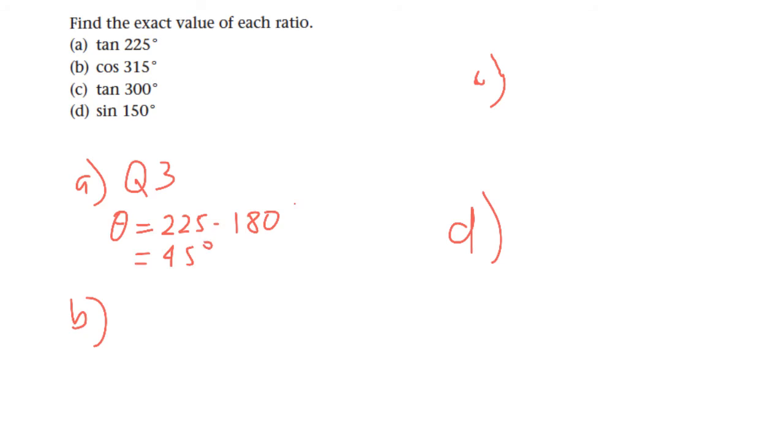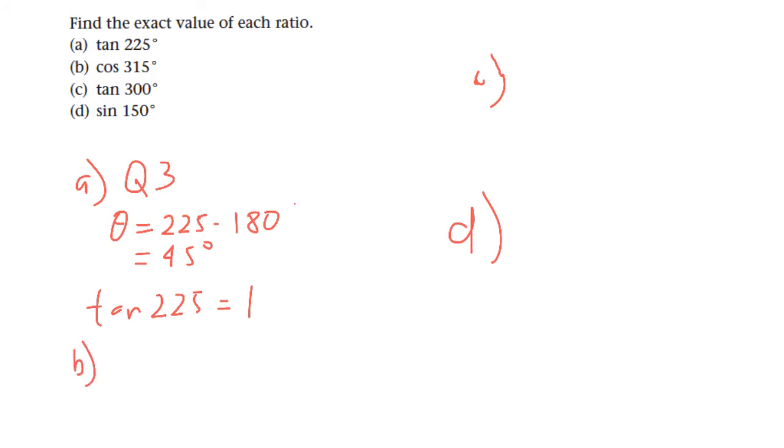Now I need to take tan 45, and I'm going to say tan 45 is 1, but we need to consider whether it stays positive or becomes negative. Well, in quadrant 3, tan is positive, so in fact tan 225 will just remain as positive 1, because we are in a quadrant where tangent is positive.